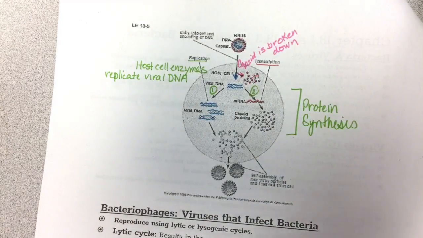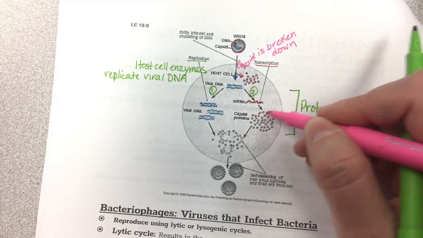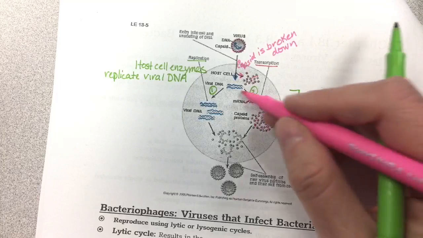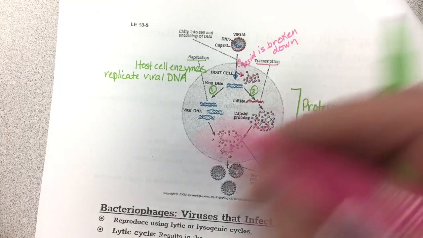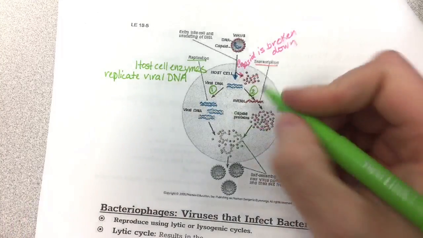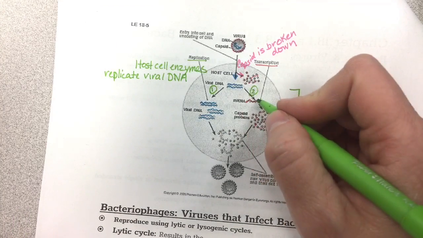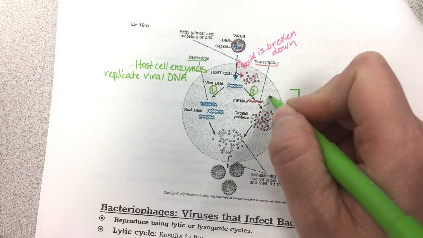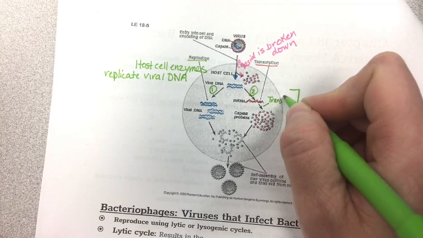These pink ones are used for the capsid protein. Going from DNA to mRNA is transcription, and from mRNA to protein is translation.